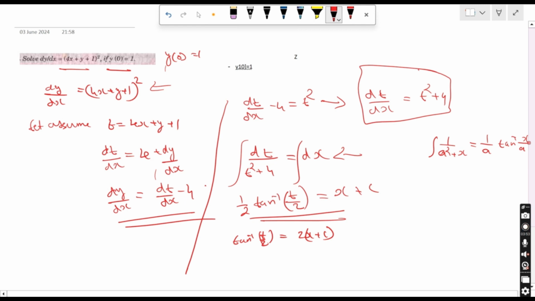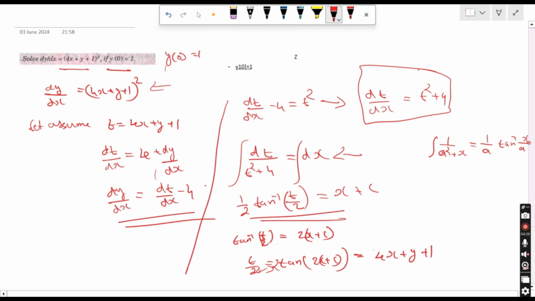Now taking tan to avoid this tan inverse, t by 2 is equal to tan of 2x plus c. The 2 goes to the other side, so t is equal to 2 tan of 2x plus c. What is t? t is 4x plus y plus 1.